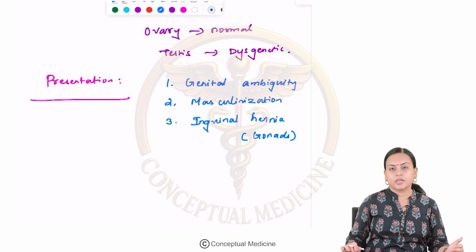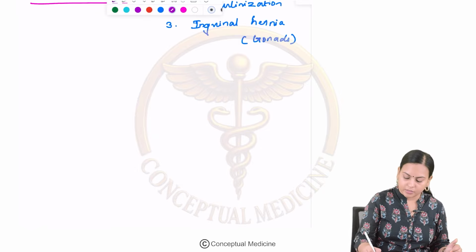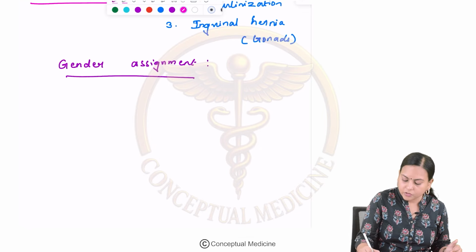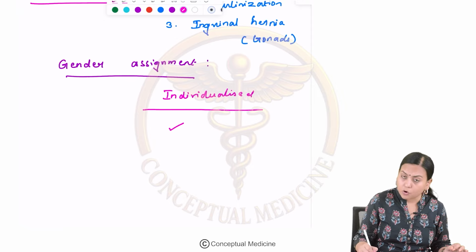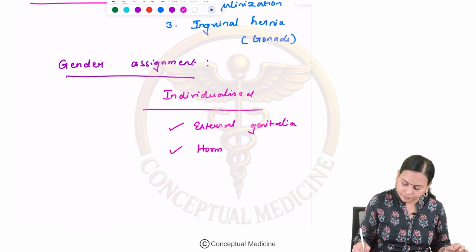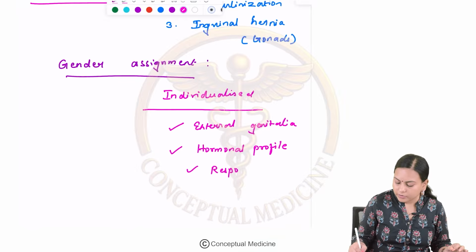Now let's see how you will assign the gender for these people. Gender assignment in these people is usually individualized, based on the external genitalia, their hormonal profile and response to HCG.